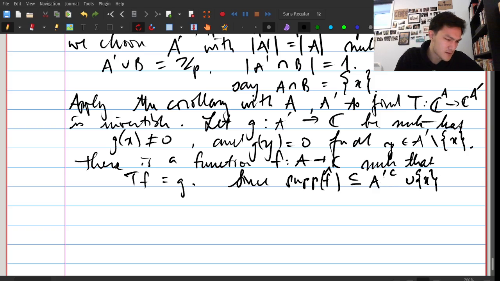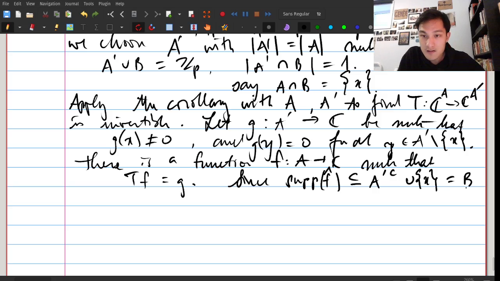Because if you restrict f hat to A prime, it's only on x, right? Now we don't know what f hat is. Outside of A prime, it could be lots of other things. So it may have support in A prime complement, but inside A prime, it only has support on x.